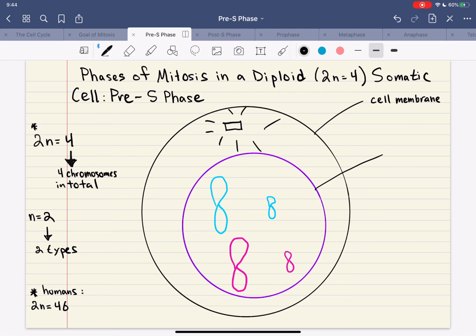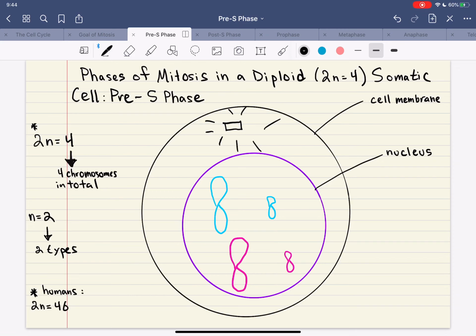In purple, that's the nucleus and the nuclear envelope. We have our chromosomes, and I've coded them by color, so blue represents the paternal versions and pink represents the maternal versions. And as I said before, I'm kind of making up a simple organism so it's easier to draw.